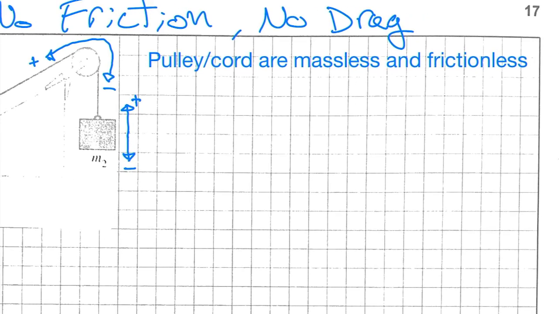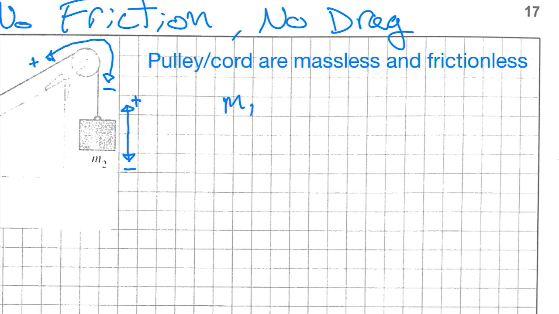If we draw some free body diagrams here, M1, that's the object on the ramp. What do we have? We're going to have tension going up parallel to the ramp. We're going to have a normal force on number 1. And then we're going to have gravity coming straight down, Fg1.